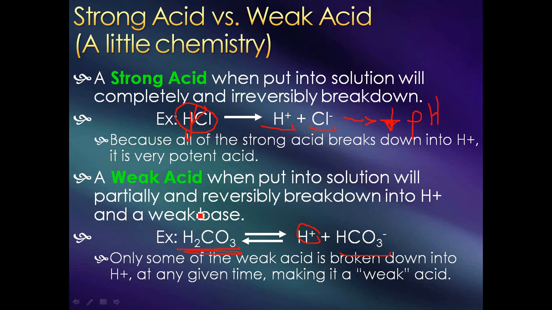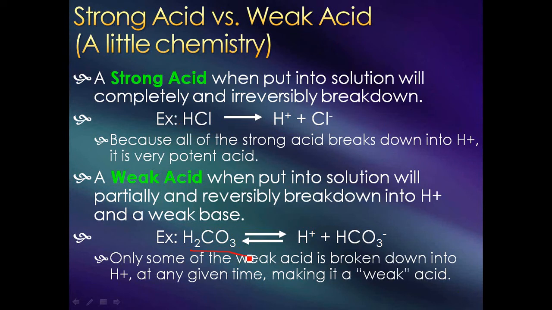Some of the molecules stay all bound up together, whereas some of them break off the hydrogen and the bicarbonate, HCO3-. This becomes important because this reaction will fluctuate in either direction depending on the concentrations of our solutes.